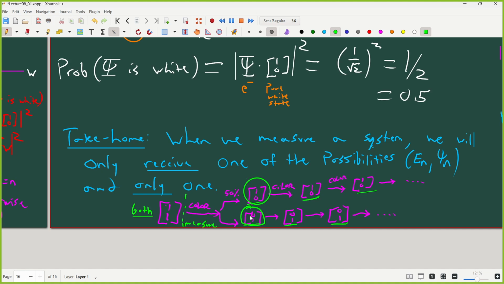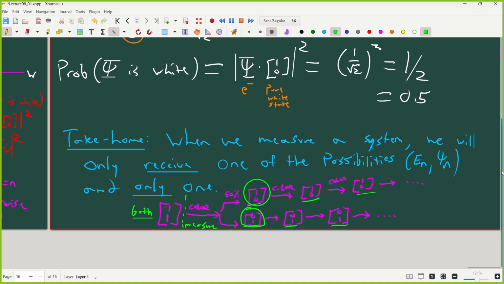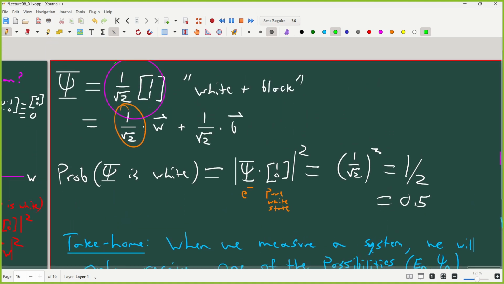So as Janine is asking, this idea of white plus black, it's not really fair to call this a white plus black electron. Rather, what these numbers are referencing is a representation of the measurement probability that you get out. It's a representation of the result that you get.